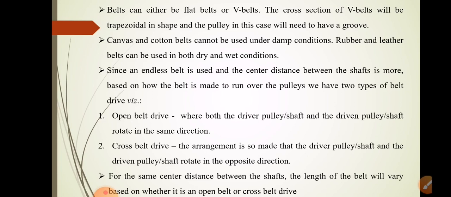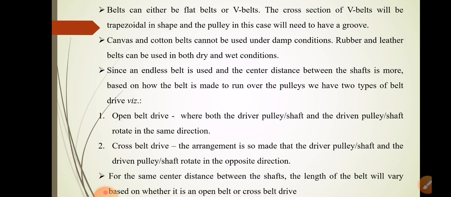Then, since an endless belt is used, the center distance between the shafts is more, and based on how the belt is made to run over the pulleys, we have two types of belt drives. Endless means it doesn't have any end; it is continuous. One is called the open belt drive, and the other is called the cross belt drive.